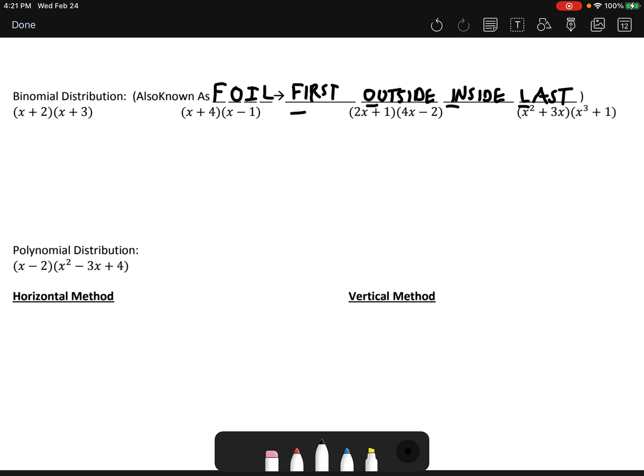So when we multiply two binomials, we're going to multiply the first ones first. X times x is x squared. Then we're going to multiply the outside ones. 3 times x. See, they're outside, left and right. Then we multiply the inside, 2x. Then we multiply the last terms in the binomial. 2 times 3 is 6.